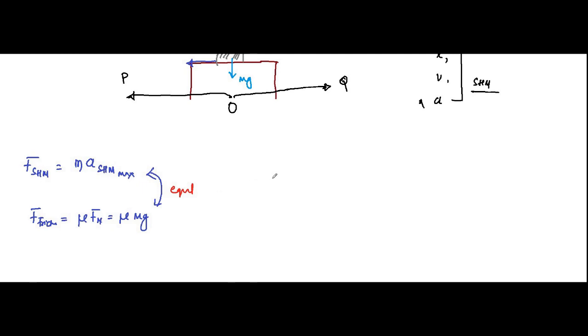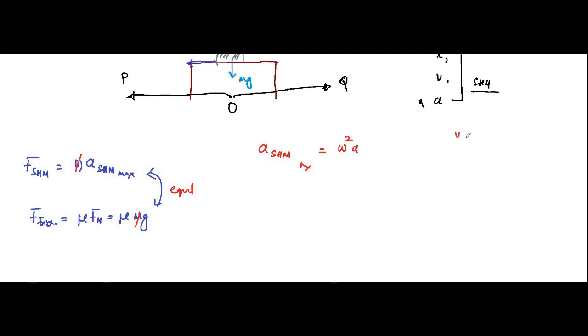So here the mass will get cancelled from both sides, and the maximum value of SHM acceleration is equal to omega square into a, where a is the amplitude.